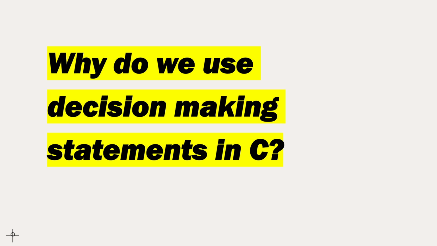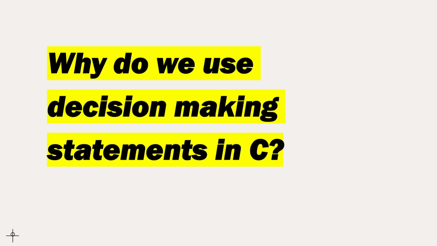However, in serious programming situations, we need to make decisions based on our situation. In order to make decisions, we need to write some code. So here come the if statements, or the decision making statements.